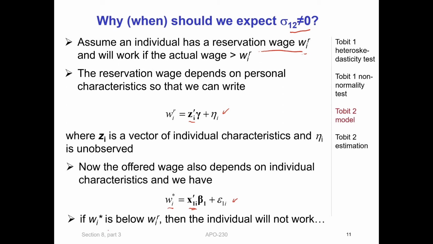Then putting it this way, we will see that if Wi star is lower than WiR, then the person will not work, right? Because what you actually get is below your expectation, so to say.